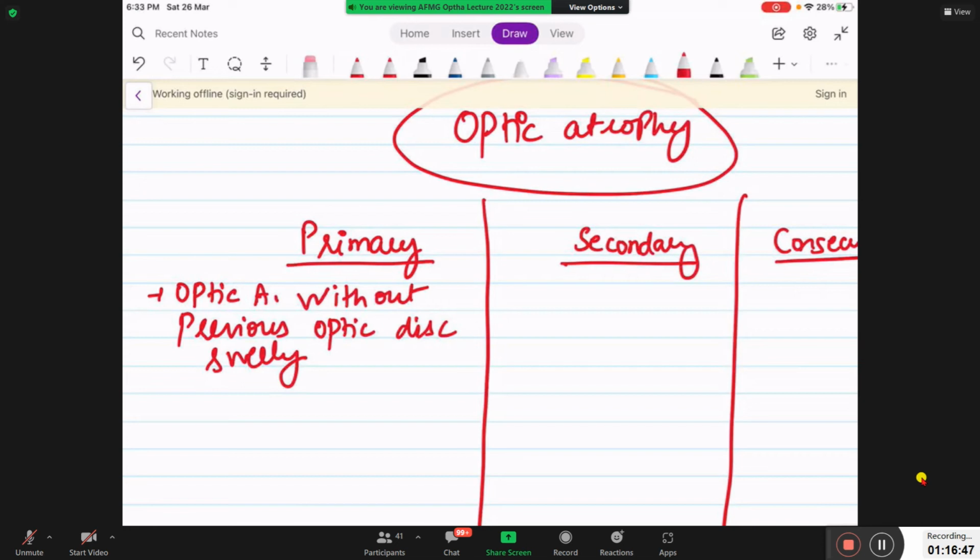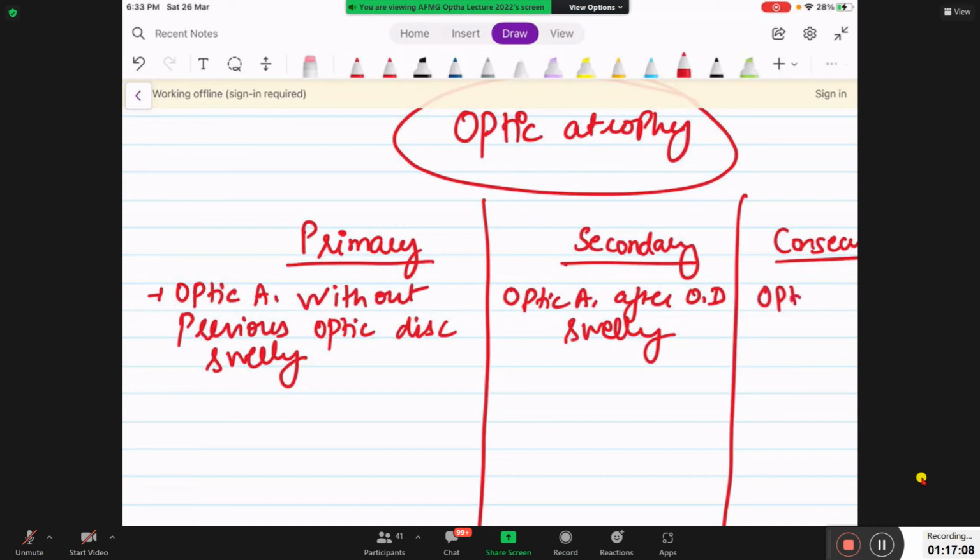Talking about secondary optic atrophy, if it is present after optic disc swelling, then that is called secondary optic atrophy.